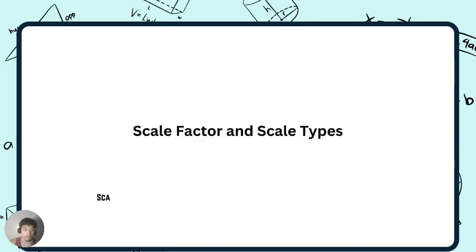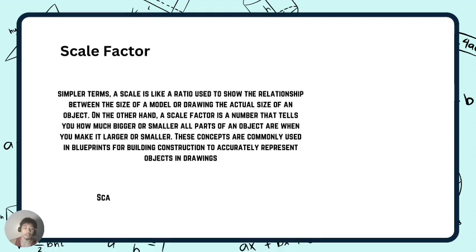So we have come up with a scale factor and scale types. In simpler terms, a scale is like a ratio used to show the relationship between the size of a model or drawing and the actual size of an object.